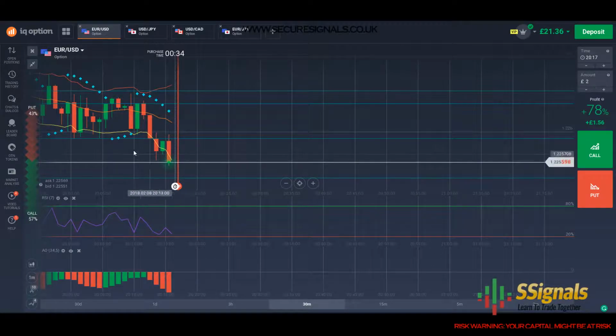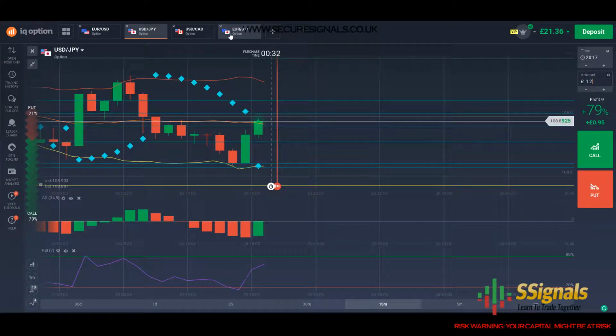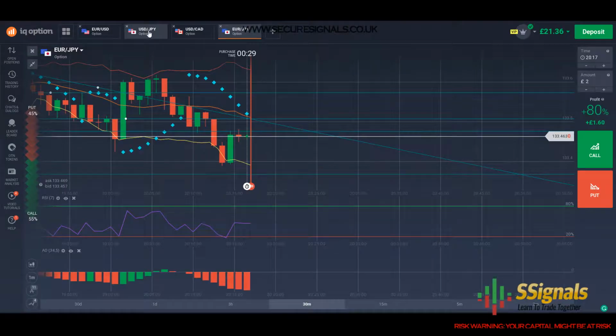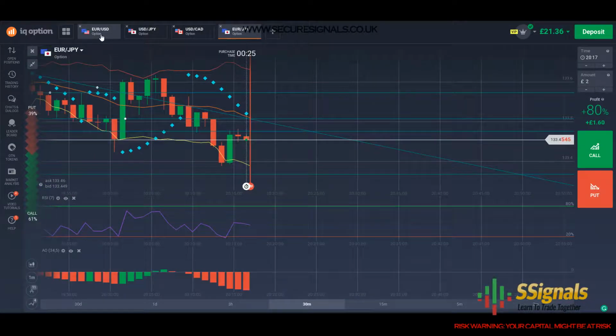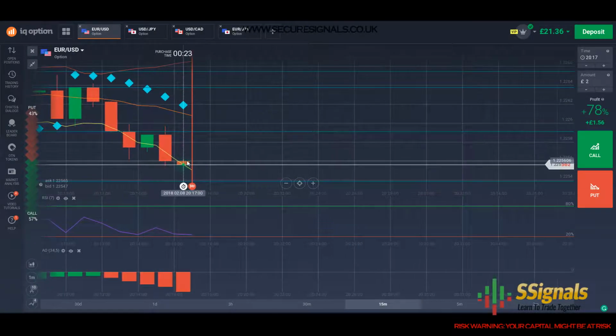Okay, so in this next candle we're going to go for a put because the euro is plunging and the yen is starting to go down now actually, but we missed the entry.